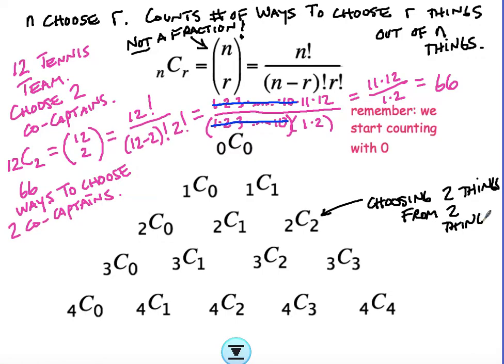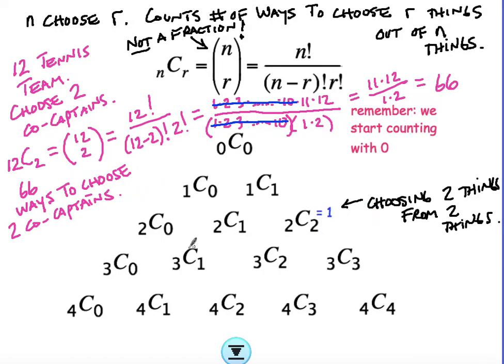So think about that. If you only have two objects and you want to choose two of those objects, how many ways can you do that? Well, there'd only be one way to do that. If I have two things and I want to scoop up two of them, there's only one way to do that.